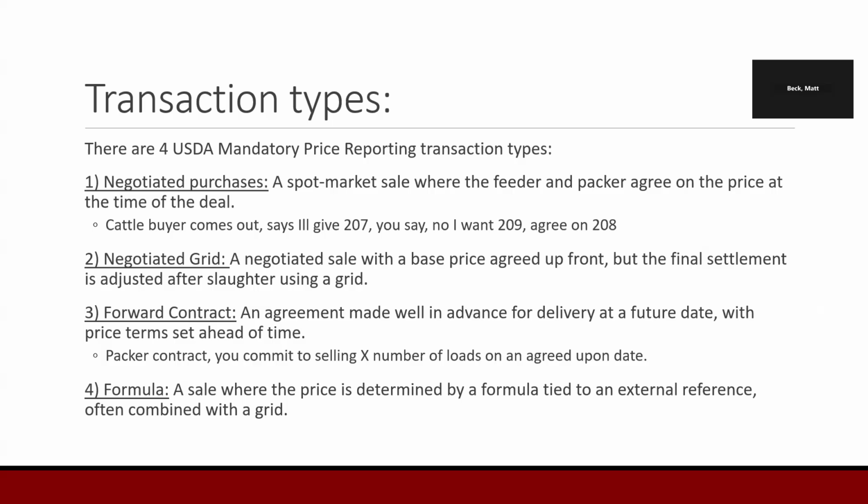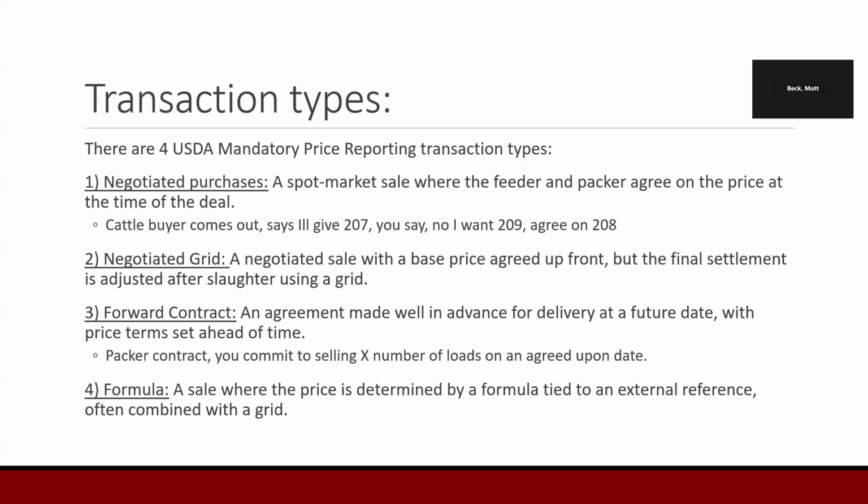Forward contract. So this is an agreement made between the feeder and the packer, and you agree, and it's made in advance of delivery. So Tyson comes to me. I have, I don't know, Beck cattle feeding operation. They say, we need 100 head of 80% choice.